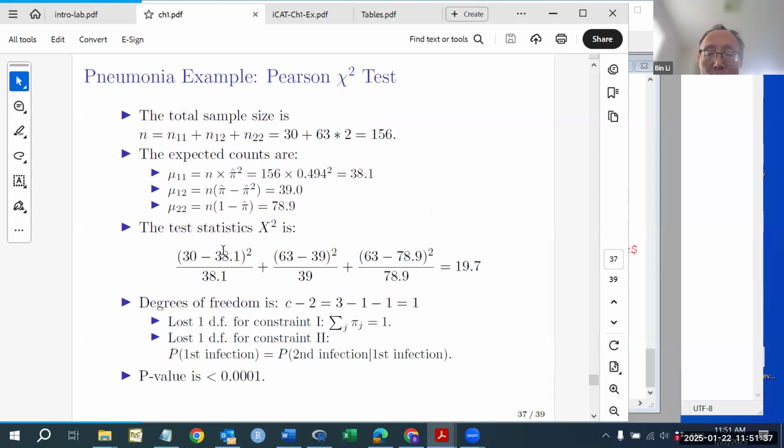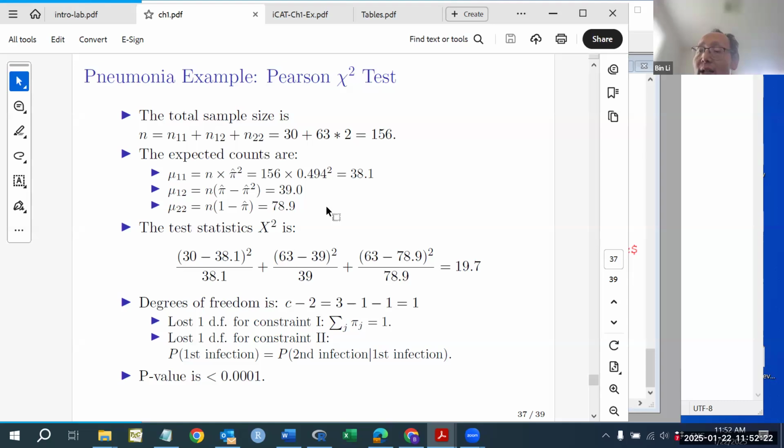So in this case, what we expected is 38.1 for having both infections, but what we observed is below that. And for the second one, having only the first infection but not the second, what we expected is 39, but what we observed is 63. You can see there is a big difference.